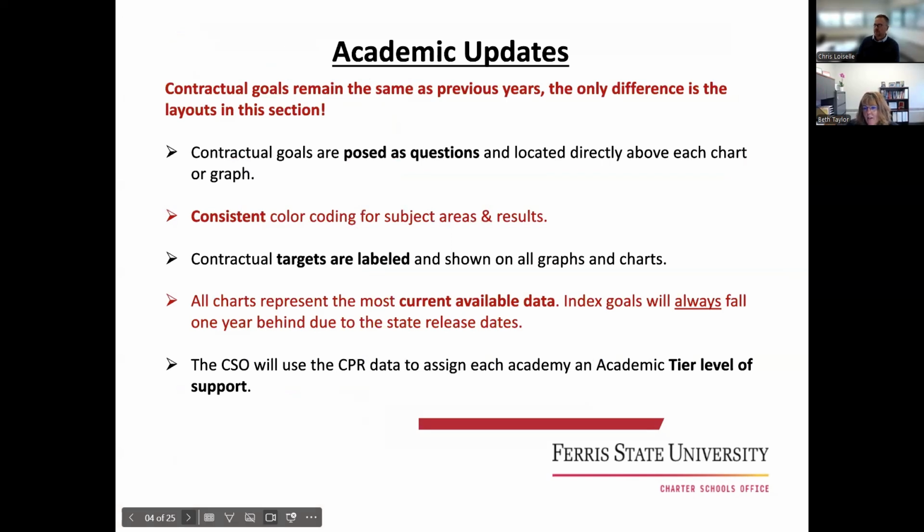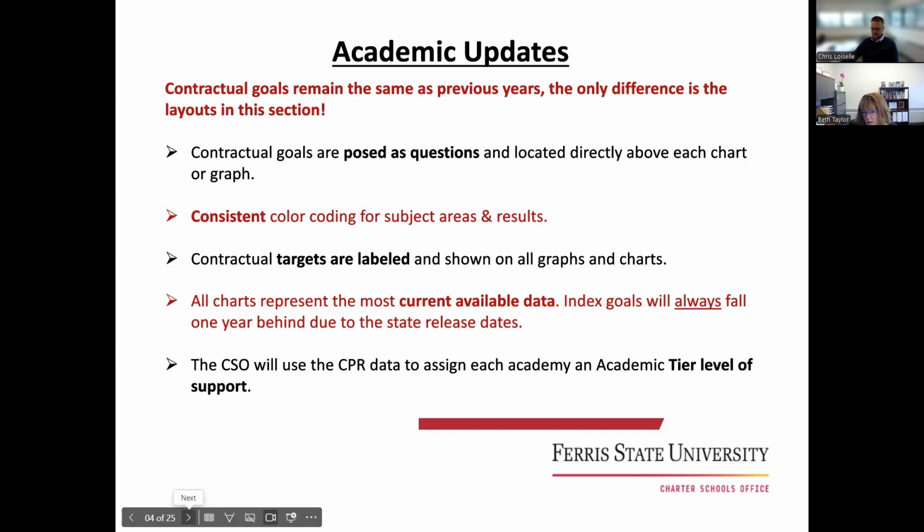Okay, so our academic updates that we have in this section. Your contractual goals are posed as questions and located directly above each chart or graph. The reasoning behind this is we wanted to stop you from having to flip back and forth when you look at the goal and then find the graph that coincides with it. This should make it easier for you to stay on one page at a time.